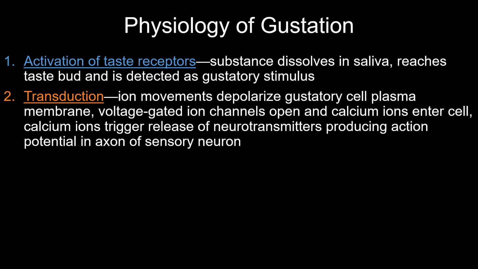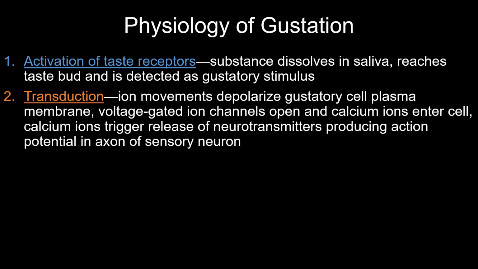We have the depolarization of the membrane opening those voltage-gated calcium ion channels, and now calcium ions are going to enter the cells. Now, unlike a neuron, this gustatory cell does not generate an action potential. Gustatory cells are small enough that the local potentials generated here can quickly spread across their membrane, making a long-reaching action potential unnecessary.